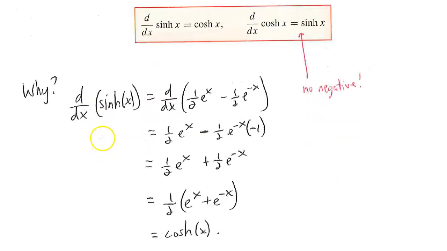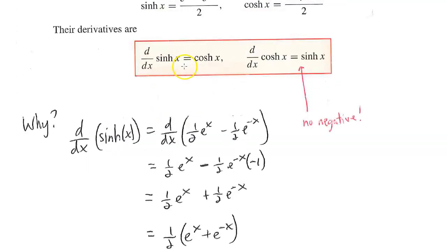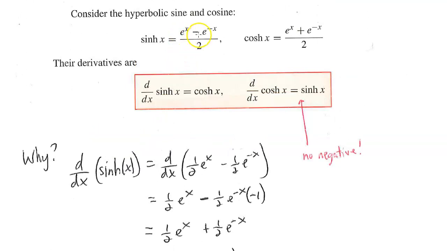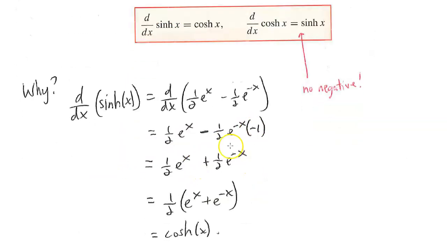Well, let's remember what sinh is. Sinh is really 1/2 e to the x minus 1/2 e to the negative x, right? So we can do this over 2 minus this over 2. So if we want to take the derivative of sinh, we can take the derivative of this. The derivative of 1/2 e to the x is just 1/2 e to the x. The derivative of minus 1/2 e to the negative x is going to be minus 1/2 times, well, the derivative of e to the negative x is e to the negative x times negative 1, right, by the chain rule.